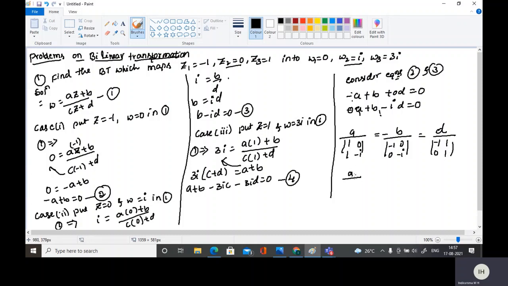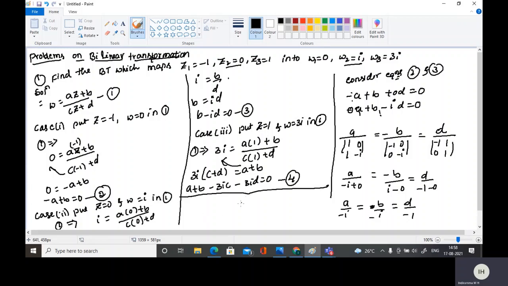Therefore a by minus i plus 0 is equal to minus b by minus into minus plus i minus 0 is equal to d by minus 1 minus 0. So a by minus i is equal to minus b by i is equal to d by minus 1. We can take that minus sign and multiply.